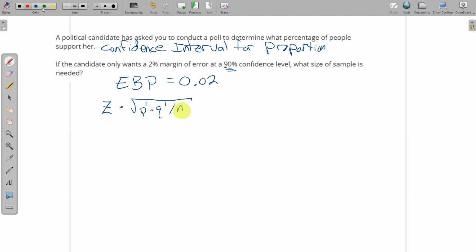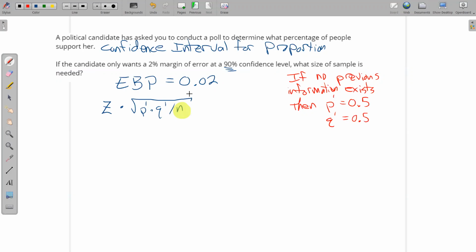So just a note, if no previous information exists, then we let p prime be 50%. Because q is always 1 minus that, so q has to be the same. So we're in the middle, we don't know. 50% like her, 50% don't, that's the default. And so that's the safest thing to go for. Q, remember, is always 1 minus p, 1 minus 0.5 is 0.5.